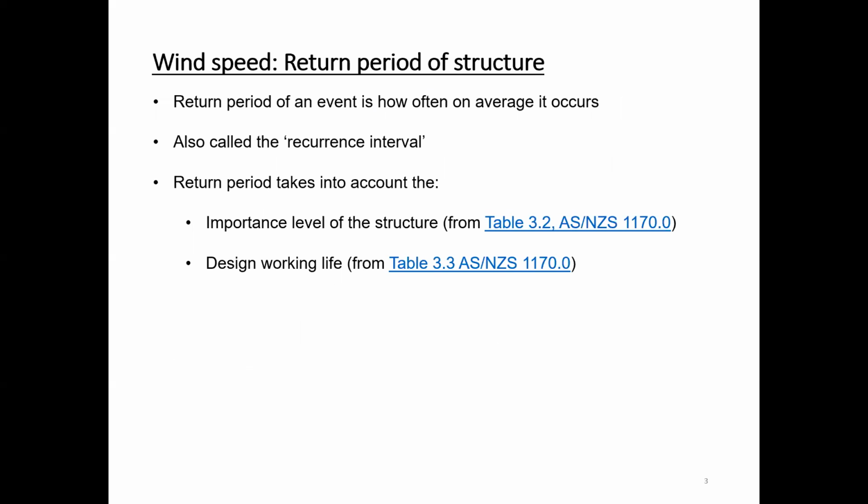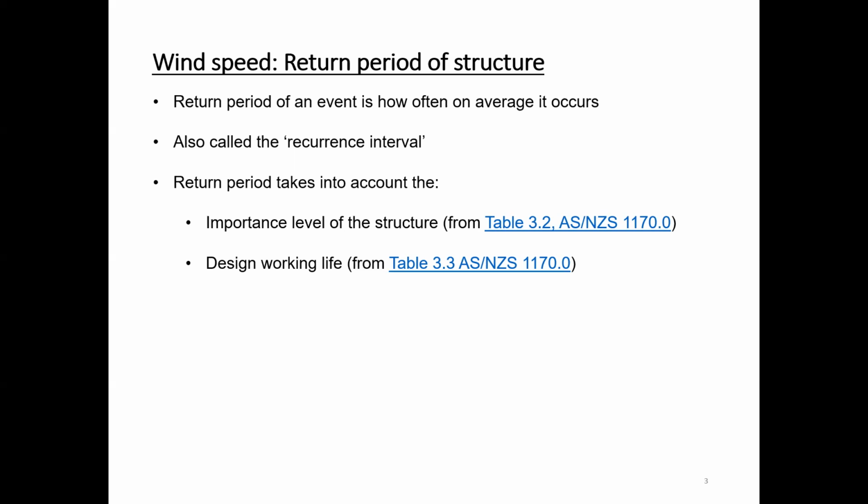So if an event has a return period of 50 years, it simply means it can be expected to occur once every 50 years, or twice every 100 years, or 10 times every 500 years, etc. Or you could think of it as each year having a 1 in 50 chance of occurring, or a 0.02, or 2% chance of happening, for every year.